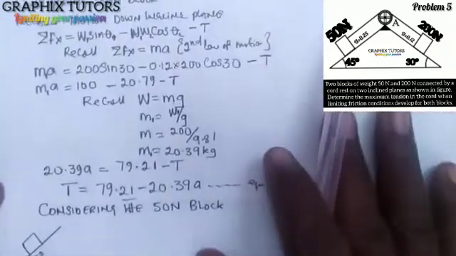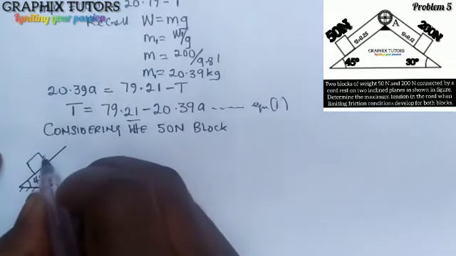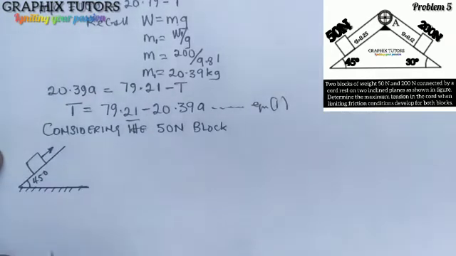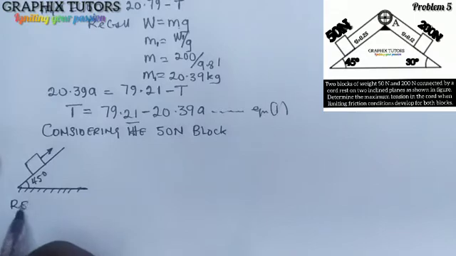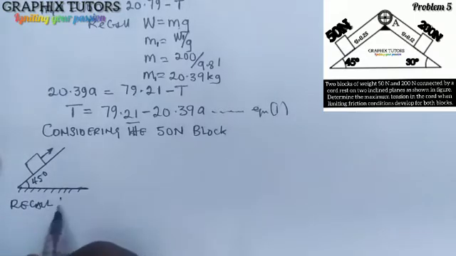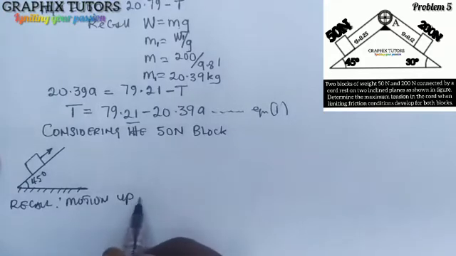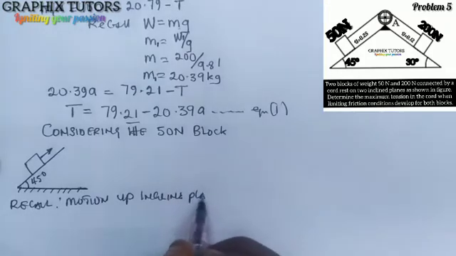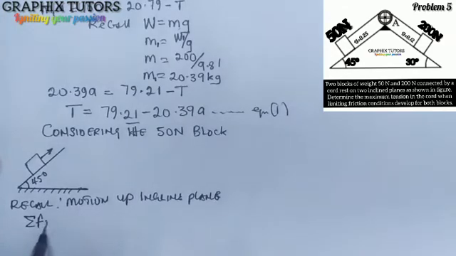So if you want to do that, from my previous video, you put it this way, this is not going up the inclined plane, right? It's moving up the inclined plane. So what we'll do, I'm going to say that recall the motion up an inclined plane, right, will give me the summation of f of x equals to what?